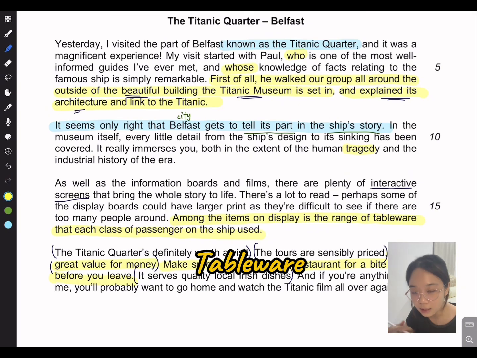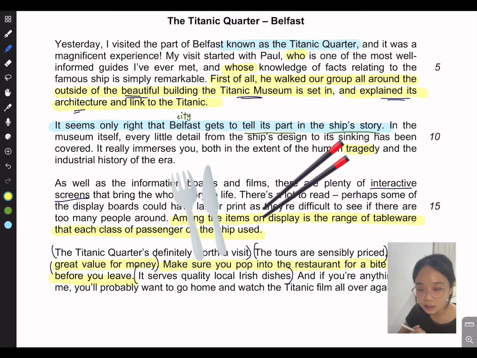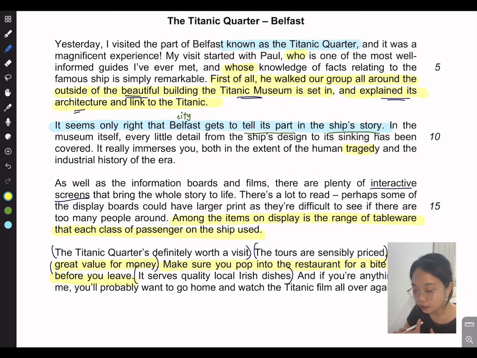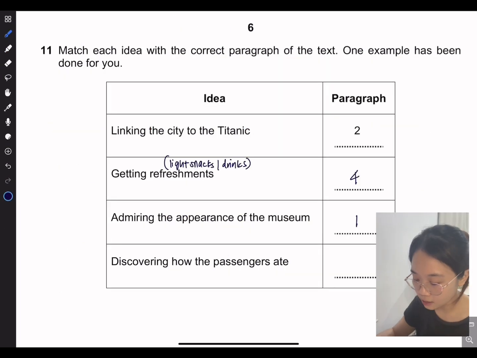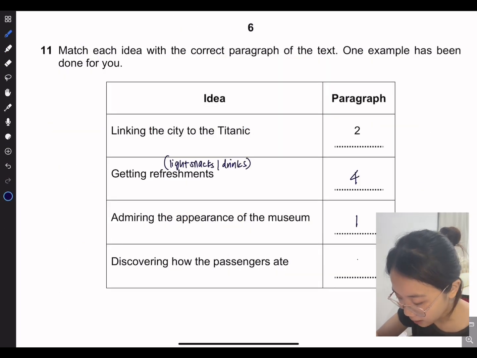Tableware is like fork, chopsticks, spoons and all. So this actually tells us how passengers eat. So this has discovered how they ate their food. So the last idea has to link back to paragraph 3.